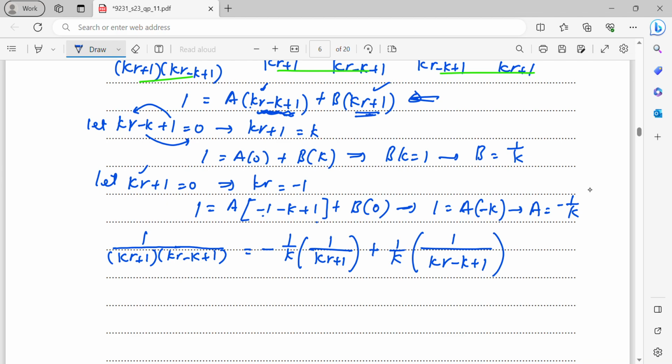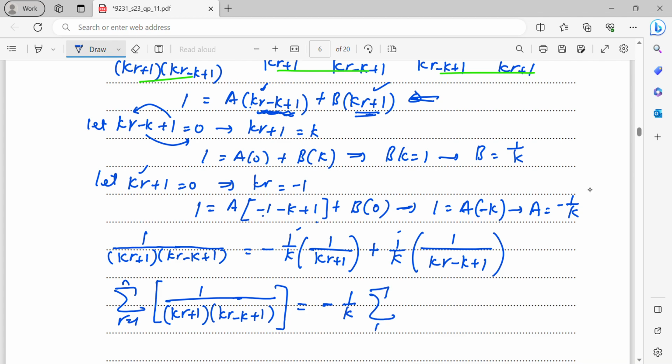Okay, so the next step is to consider the sum, sum r equals 1 until n, of the whole rational function. From here, I will notice that the 1 over k is in common, so I will factorize negative 1 over k.